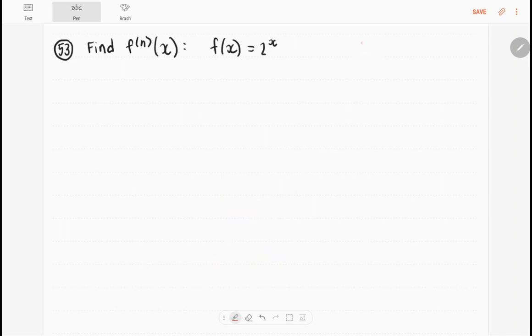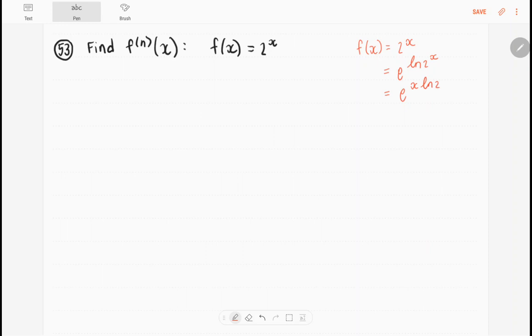If we have f of x equals 2 to the x, we can rewrite that as e to the ln of 2 to the x, which we can also write as e to the x ln 2.